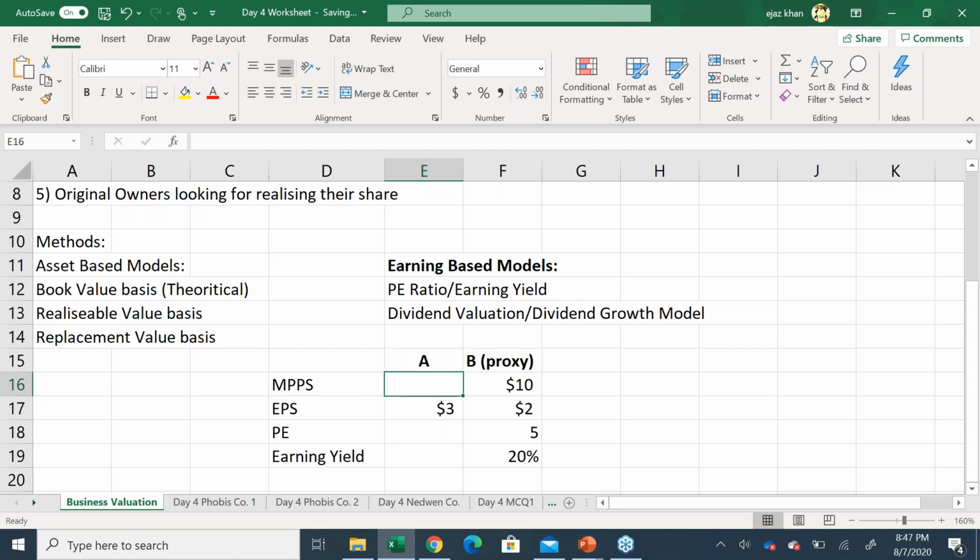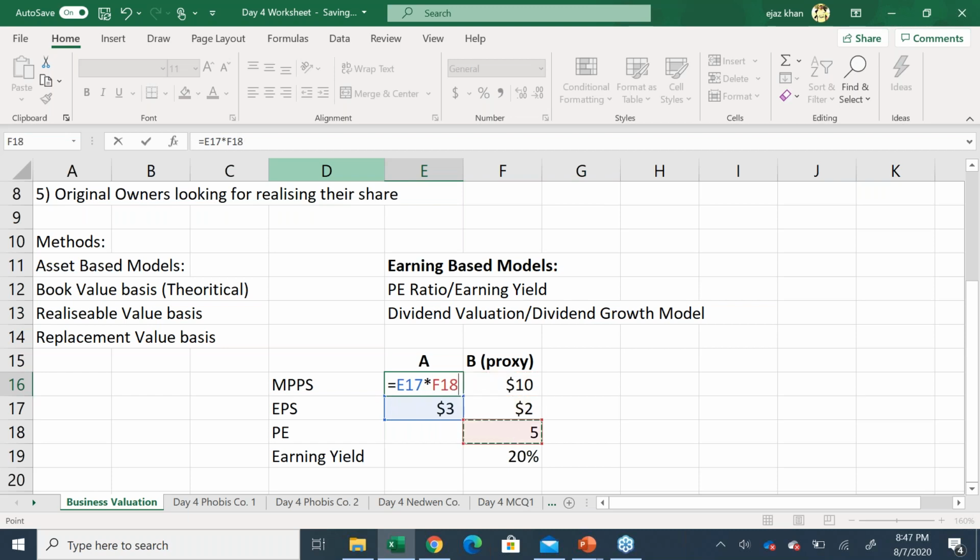I'm waiting for everyone's answer. If B has an earning of $2 and the investor is ready to pay 5 times, that is $10 against this earning, then how much will they be willing to pay for this company? 5 times, right? 3 into 5.